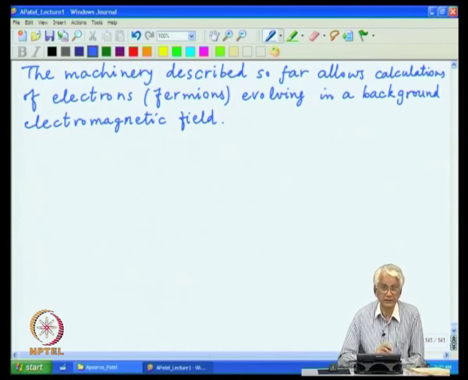In our description so far, we have used the potential model description, which is common in non-relativistic mechanics, where the electromagnetic field is provided as a background and in which these charged particles are going to propagate, and all which we have done so far is a machinery which allows this kind of calculation.